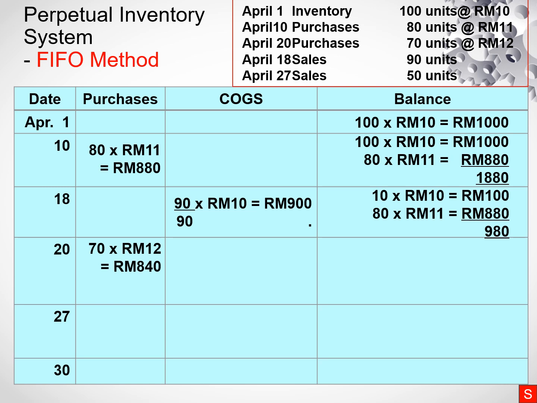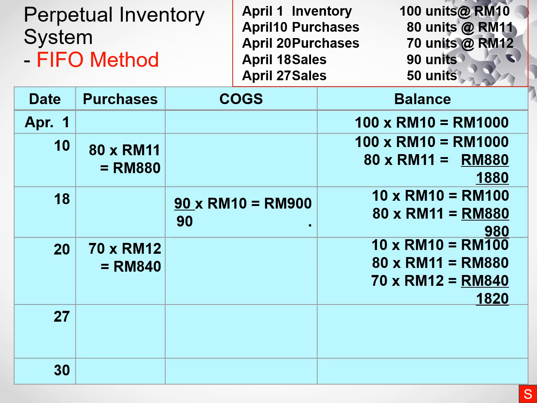So the new balance are 10 units times 10 equals to 100, 80 units times 11 equals to 880, and the new purchase, 70 units times 12 equals to 840. So the new balance is 1820. The next transaction is on 27 April, that is sales 50 units.